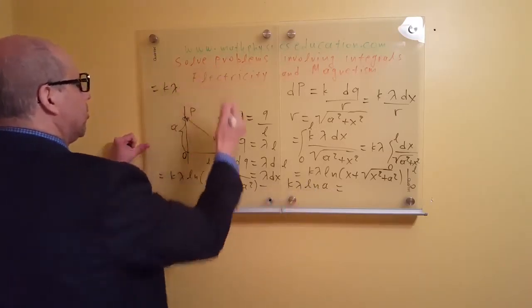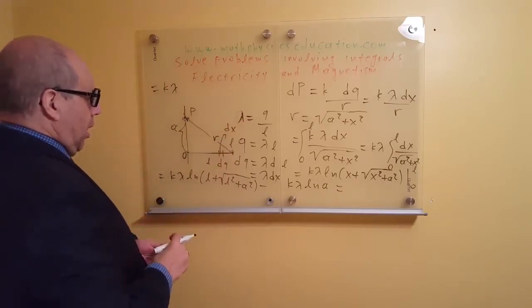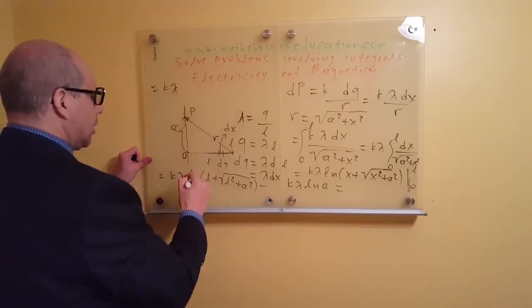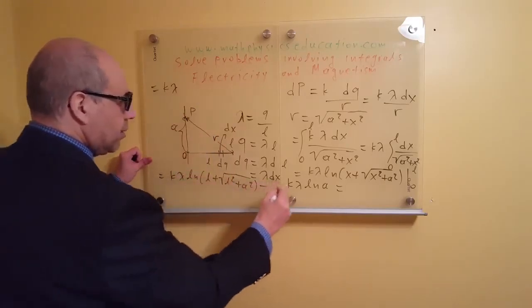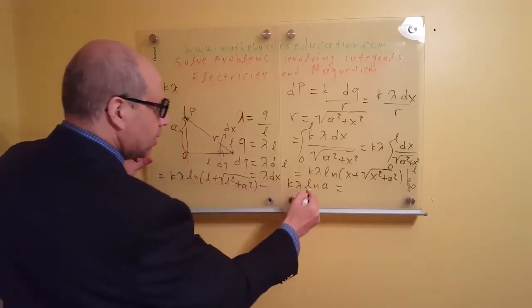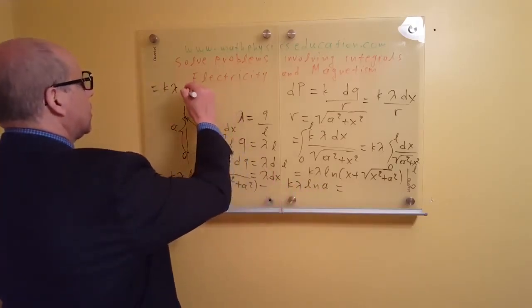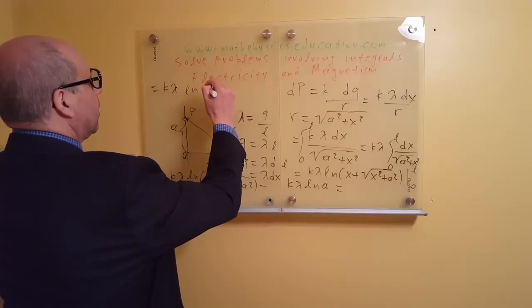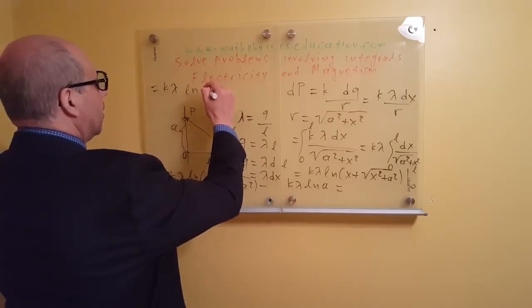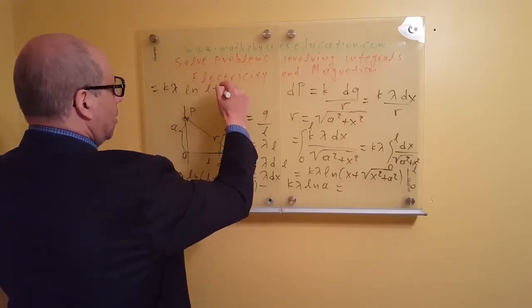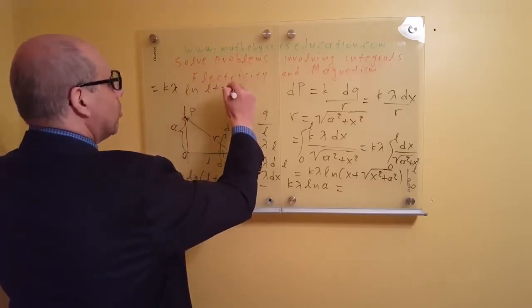Since dV, the element of potential, is produced by the element of charge, in order to find V you have to find the integral of this. The final answer is that the potential at this point P is equal to this.